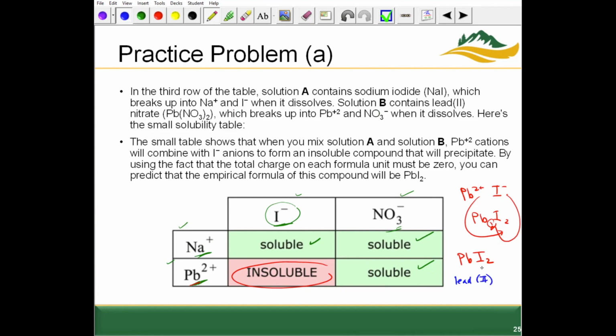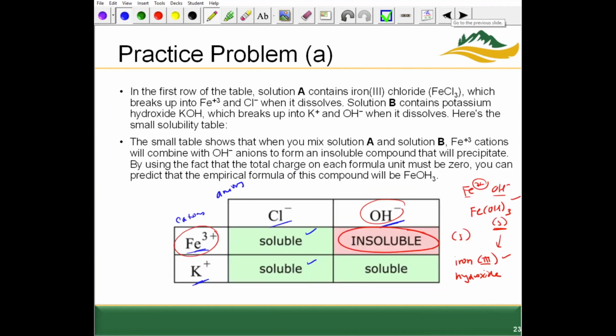We have to include that Roman numeral here because lead can form either 2 plus or 4 plus cations. Then I minus, we change the ending to IDE because this is a monatomic anion. So iodine becomes iodide. If it were a polyatomic anion, we would keep the name of the polyatomic anion as is, like we did for this example.